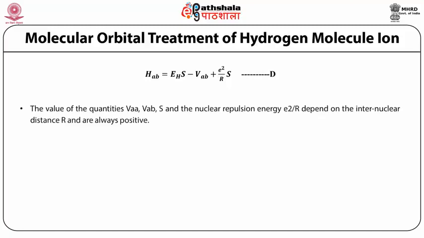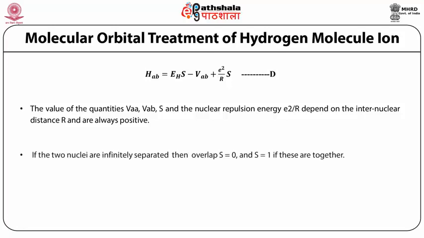Now, the values of the quantities VAA, VBB, S and the nuclear repulsion energy e square upon R depend on the internuclear distance R and are always positive. If the two nuclei are infinitely separated, then overlap S is equal to 0, and S is equal to 1 if these are together.